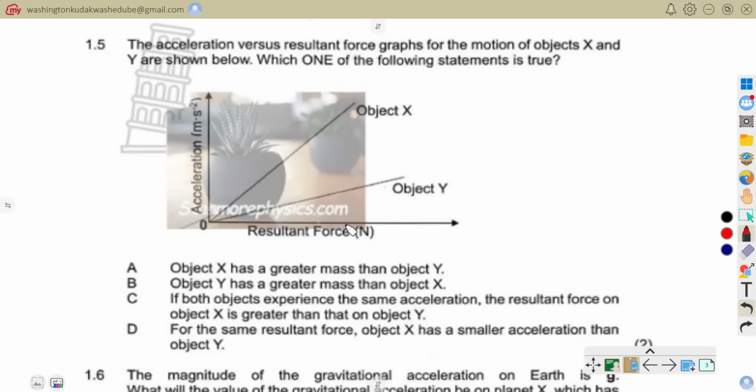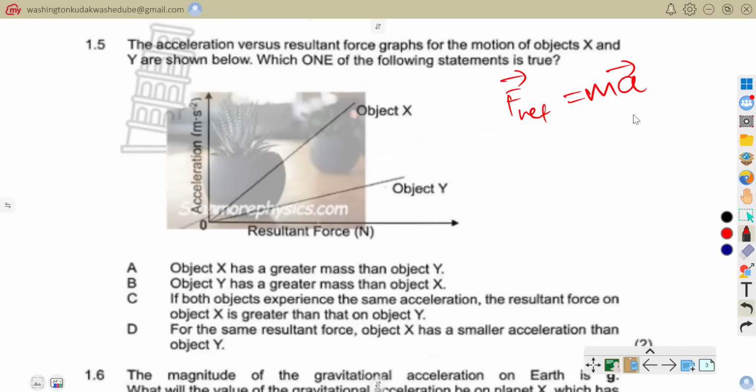So from this graph, which statement can we say is true? One thing we can use is Newton's second law, which says if a net force is applied to an object, the object will start to accelerate in the same direction as the force applied.